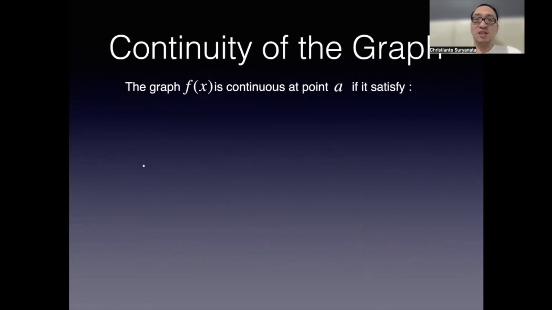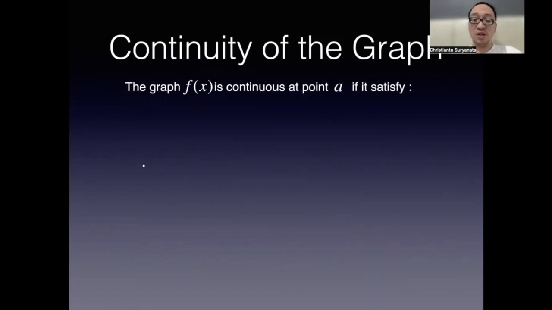Now from this limit function, we can check whether the graph of f(x) is a continuous graph or a discontinuous graph. A continuous graph means there is no blank spot on the graph. So we have to check whether the graph f(x) is continuous at a point a. Point a is a point on the graph that we want to check whether it is continuous or not.